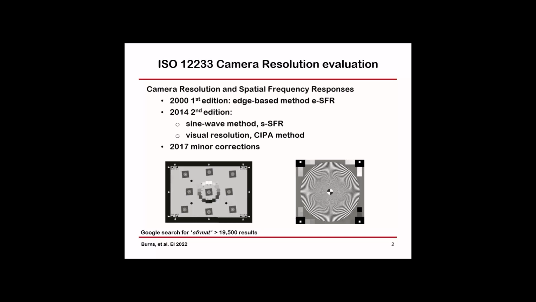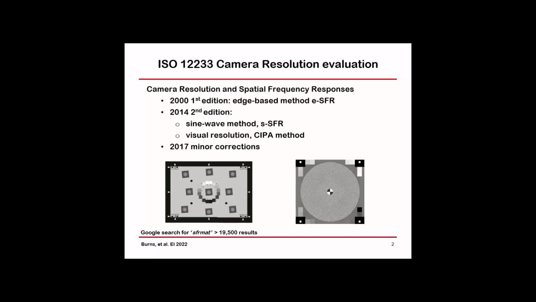First, a few details as a recap for those who perhaps didn't see the first talk. The first edition was issued in 2000, and it introduced an edge-based SFR measurement, a spatial frequency response, largely viewed as a measure of camera resolution, or of image detail, how that is captured and retained.